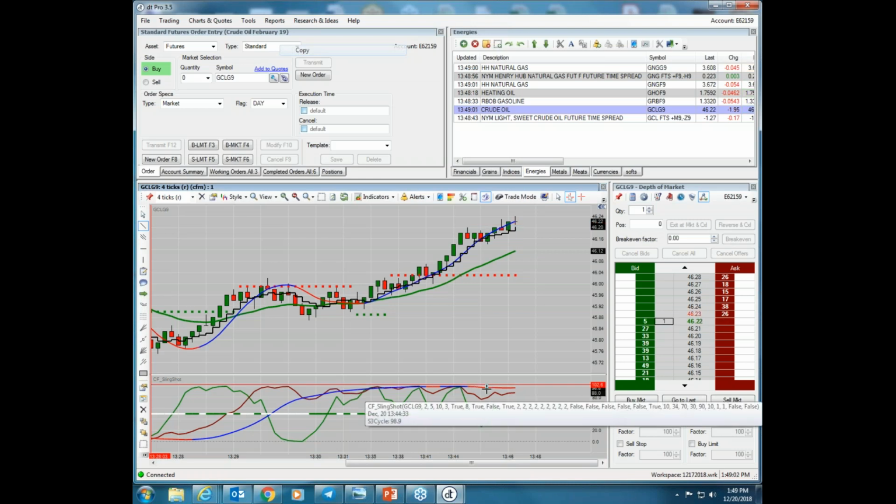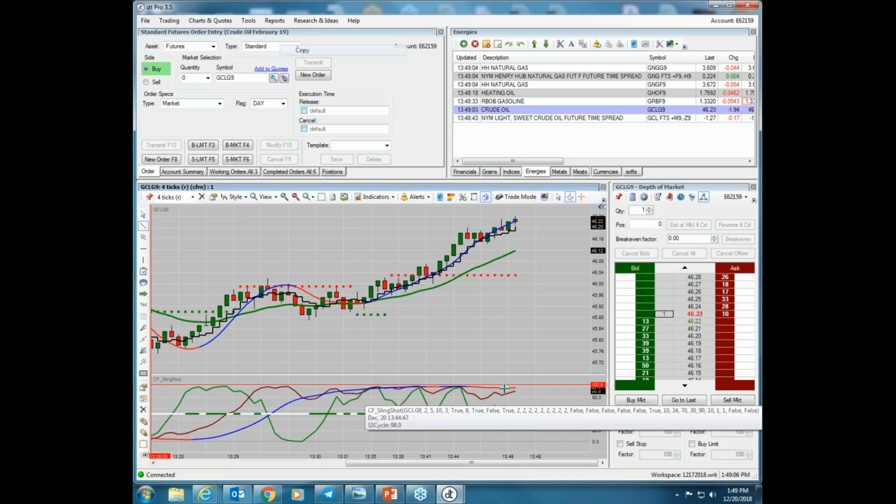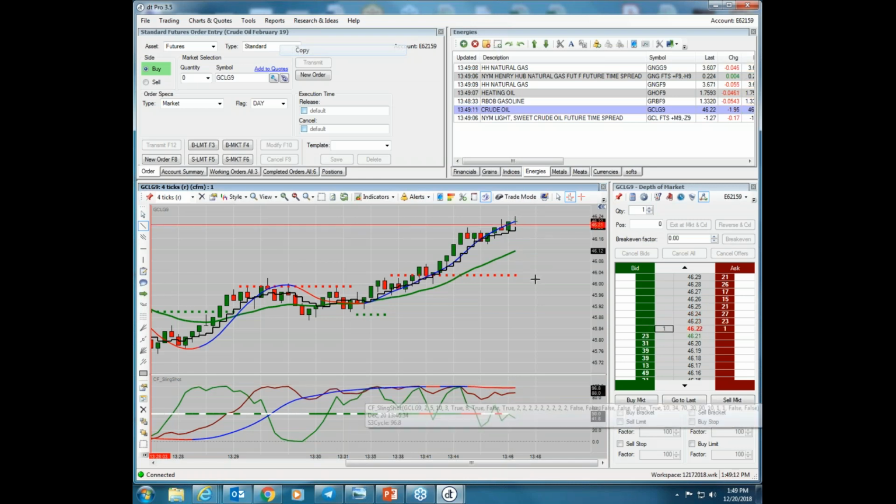The fact that this is red already is watering down the probabilities, okay? The fact this is red, it's going to require a trend line to be drawn, and it's going to require that the market close above that trend line before we push any buttons in here, okay? So we're looking for the crude to go up, or we're looking for the pullback, okay?